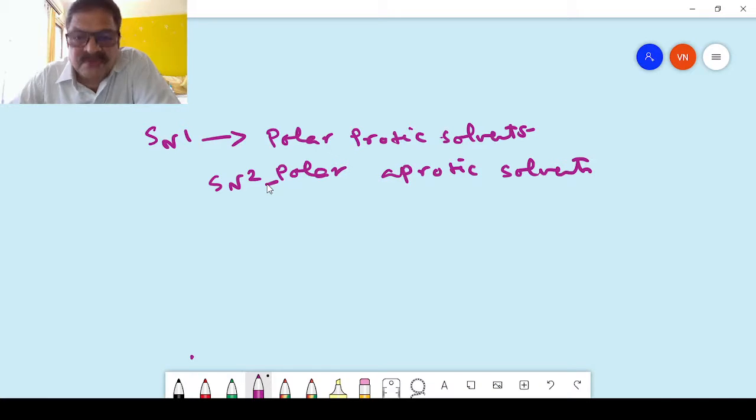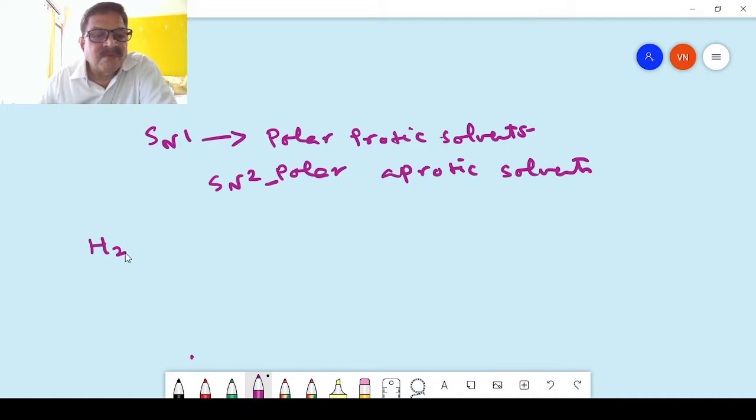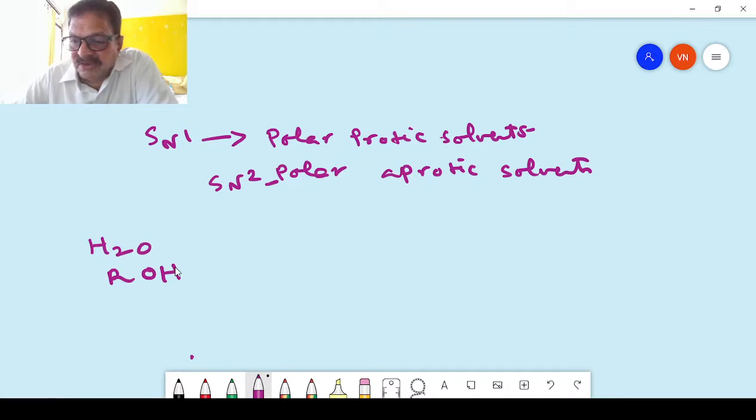Polar protic solvents, for example H2O and ROH, can form hydrogen bonding. They can solvate both cations and anions well. This characteristic is important for the Sn1 mechanism, because a carbocation intermediate is formed.